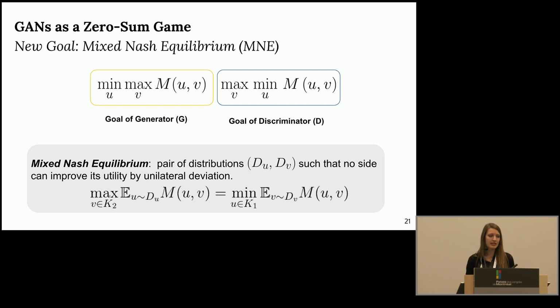And when we are at a mixed Nash equilibrium, neither player has an incentive to change their distribution. This raises the question as to why this is the better goal than finding the pure equilibrium. First, it always exists, and it was also proven by Arora that it exists for GANs as well.